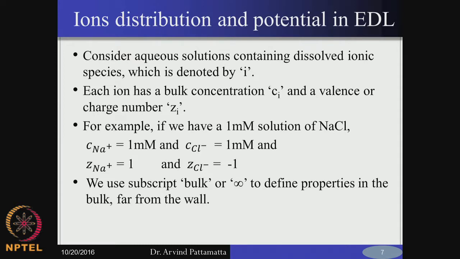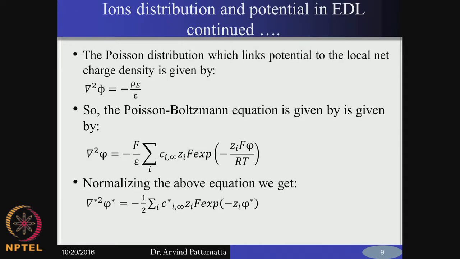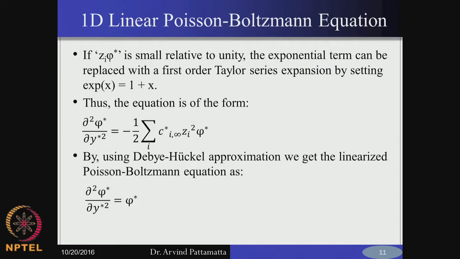So, for the same values of molarity, and where the valence numbers are equal and opposite, for such a limiting case, this summation now drops out, and you have an explicit equation in terms of phi star. This is called the Debye-Huckel approximation.